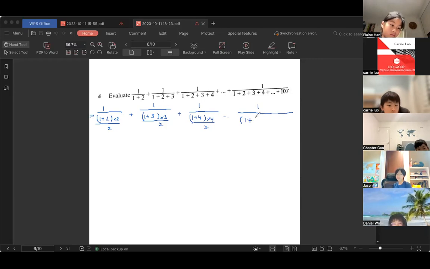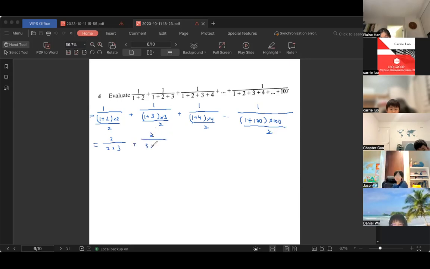The last one would be 1 over 1 plus 100 times 100 over 2. Very good. So it's 2 over 2 times 3 plus 2 over 3 times 4 plus 2 over 4 times 5. Very good.